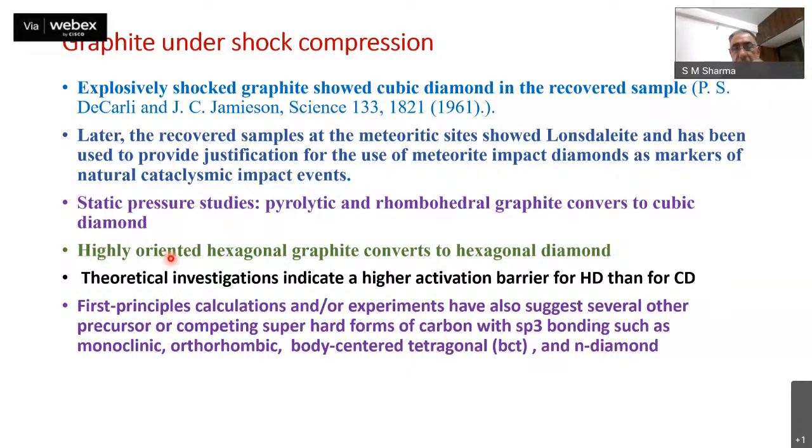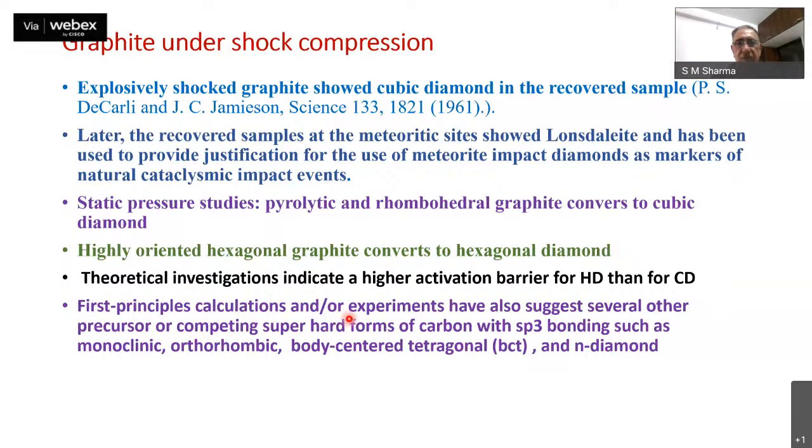However, if you take a highly oriented hexagonal graphite, it was also shown to transform to hexagonal diamond. Theoretical investigations indicated a higher activation barrier for hexagonal diamond than cubic diamond, implying that to get hexagonal diamond, one had to go to much higher stresses, because the activation barrier was much larger.